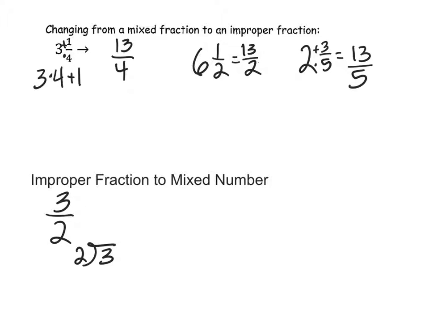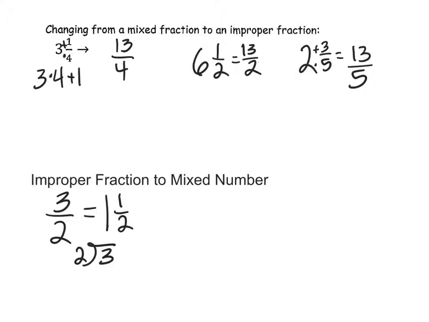How many times does 2 go into 3? How many whole times does 2 go into 3? 1 time. And then how many are left over from 2 to 3? 1. Yes, you're right. And I keep my original denominator, 2. 3 halves and 1 1/2 are numbers that you will see often. 3 halves is used a lot in math. So commit that one to memory. 3 halves equals 1 1/2.